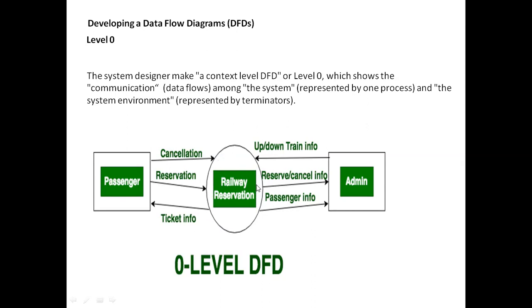This process transforms that cancellation by railway reservation to the admin as cancelling info. Likewise, two different kinds of entities can be doing a single process, and this is a data flow, and the cancellation reservation ticket information is labeled on this data flow.